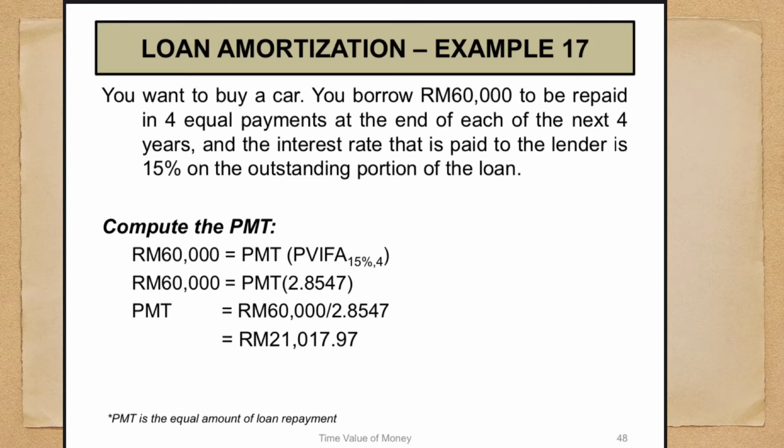The multiplier is 2.8547. So the PMT is 60,000, the amount borrowed, divided by 2.8547. Therefore, the PMT is 21,017 ringgit and 97 cents.